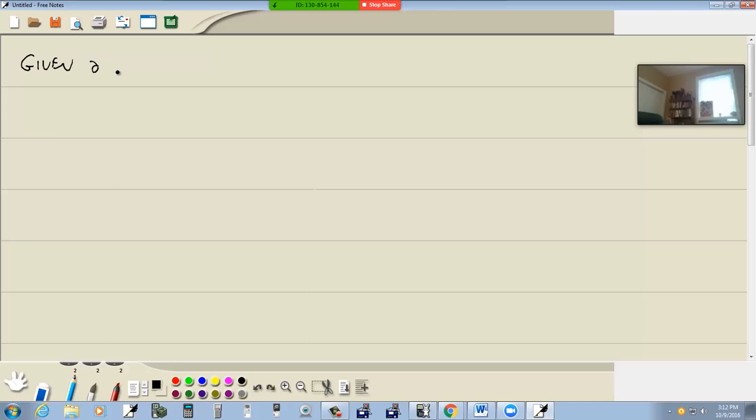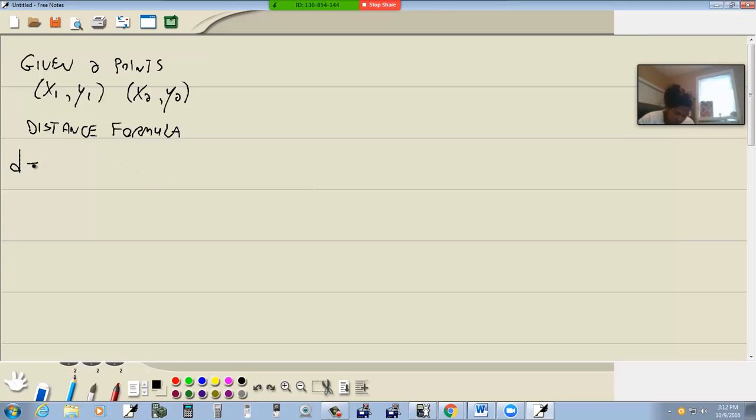Now given 2 points, (x1, y1) and (x2, y2), then we have a formula for the distance. And it goes like this. We've got d is equal to the square root of (y2 minus y1) squared plus (x2 minus x1) squared.